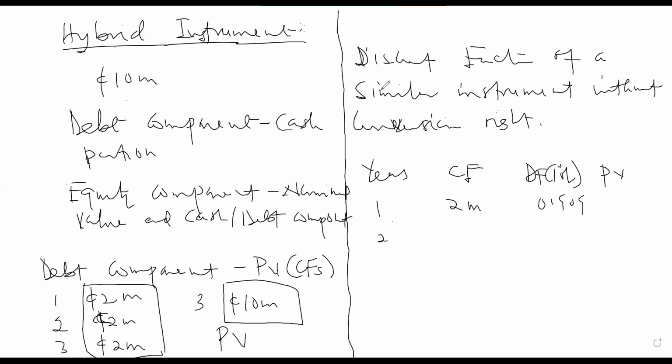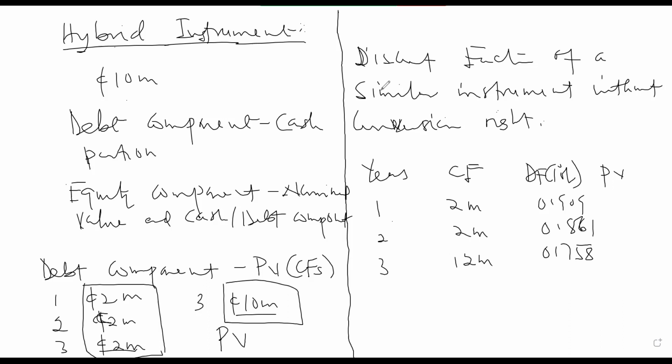Then the second year, 2 million, 0.861 or something. Then year three will be this plus this, which is 12 million, and let's assume that is 0.758. So you just do it.